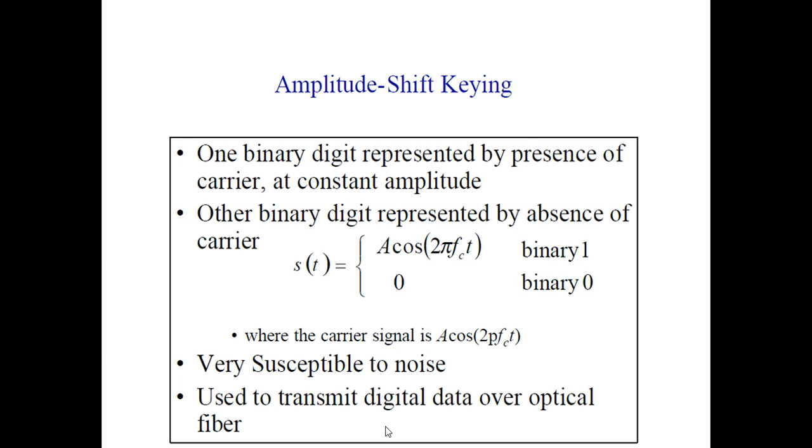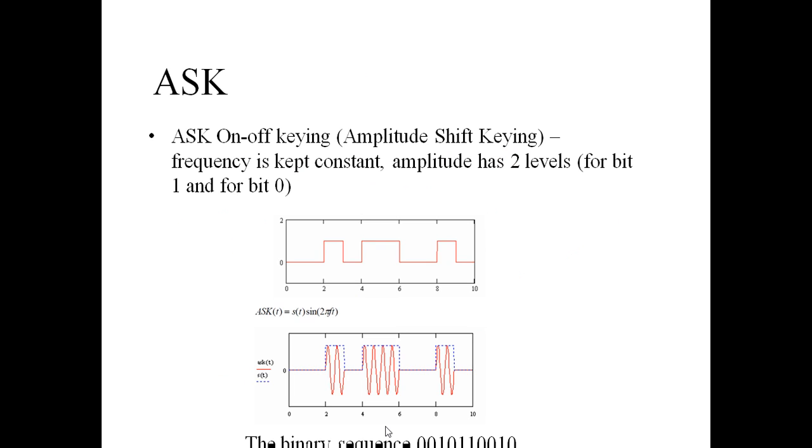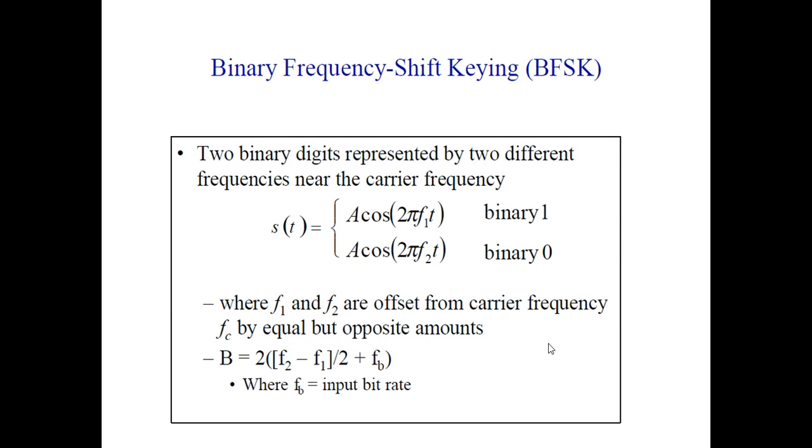Its other name is on-off keying, because when 0 occurs, no carrier is transmitted. The frequency is kept constant, so we get this type of waveform.